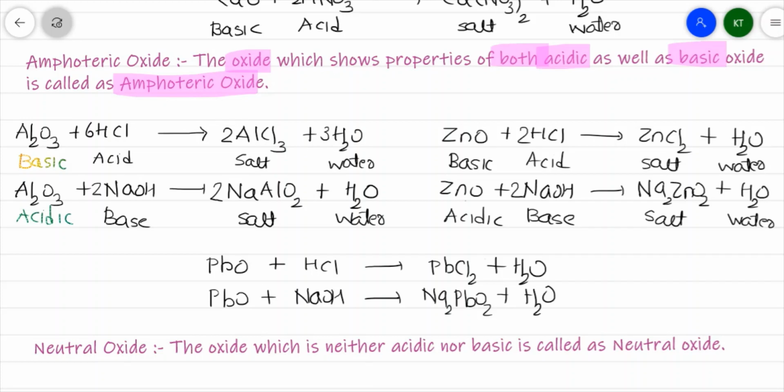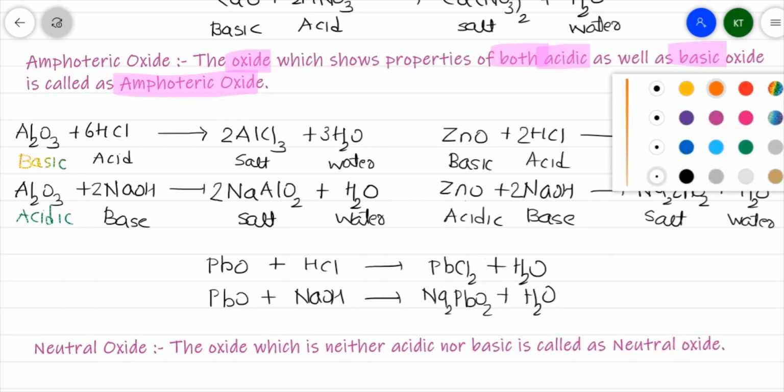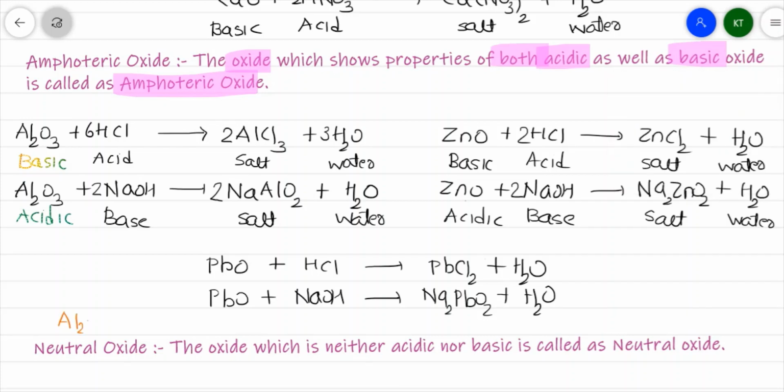In the second reaction, PbO acts as an acidic oxide. So these are called amphoteric oxides. Please do remember that Al2O3, ZnO and PbO are called amphoteric oxides.